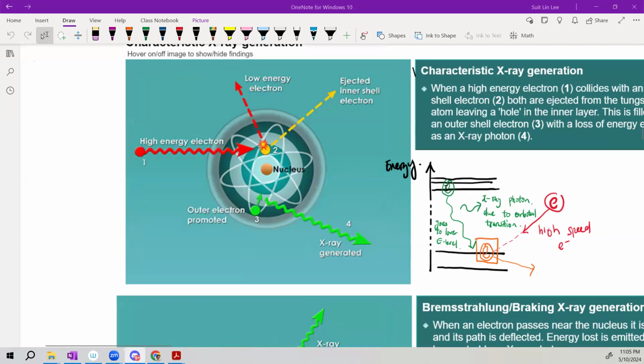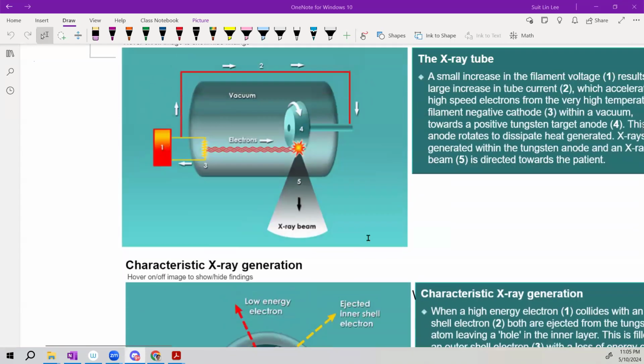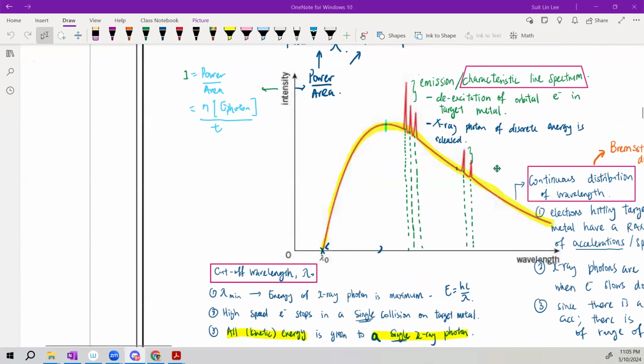So this green color electron will look at the more stable open space and go to the lower energy level. But when you go to the lower energy level, in order to conserve energy, you must give out a photon emission spectrum. So I will give out an X-ray photon due to the orbital transition. We all know this orbital transition is discrete. So the X-ray photon must be discrete. You will get these discrete lines. Let me know if you have any follow-up questions.